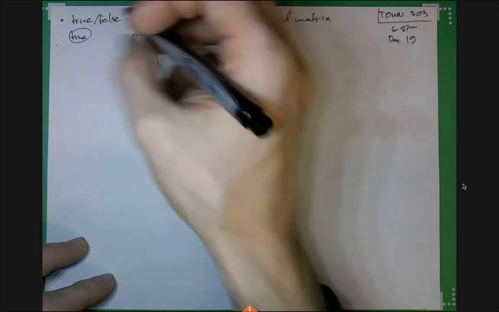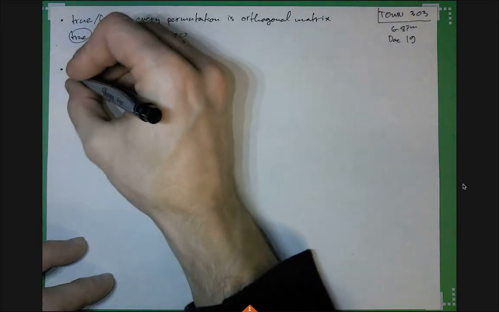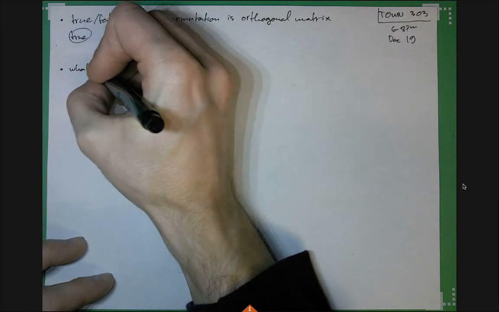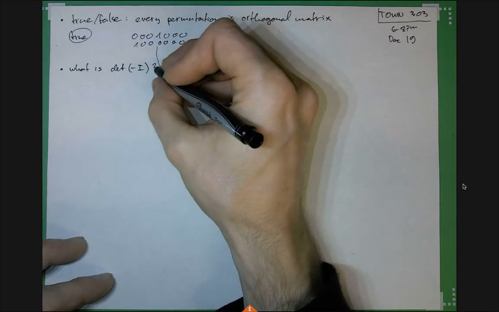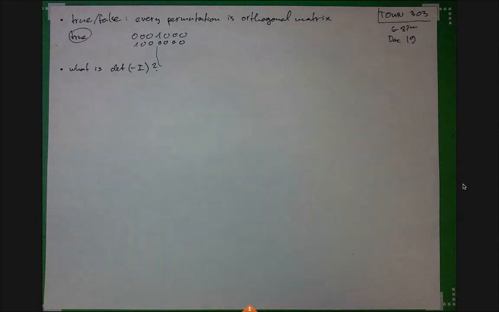So another fairly easy one. What is the determinant of minus identity? Don't yell the answer yet. Let's everybody think about it for a second. The determinant of identity is trivial, that's 1, right?